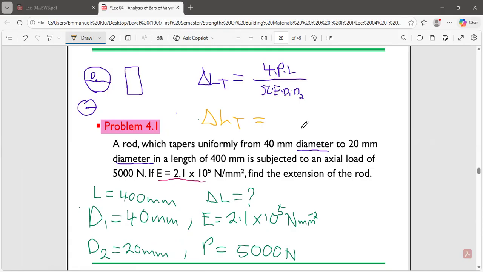Times 2.1 times 10 exponent 5, times 40 times 20. Okay. So please, what is the answer you are getting? I just finished doing mine. Which answer are you getting?